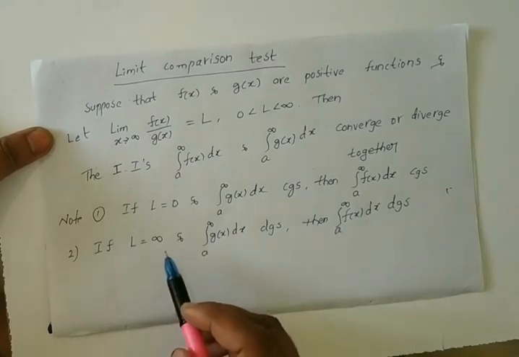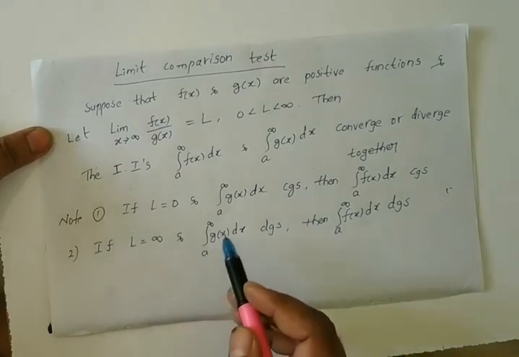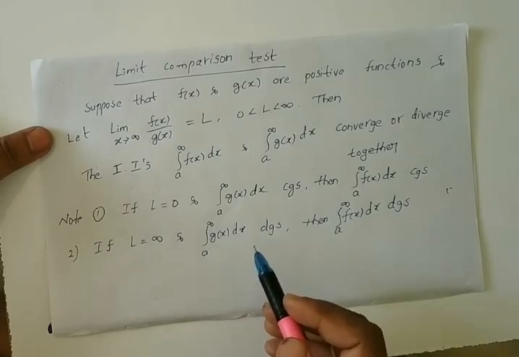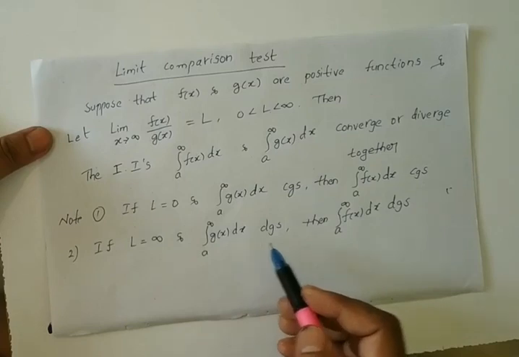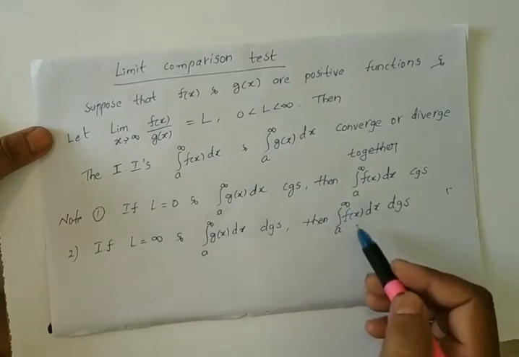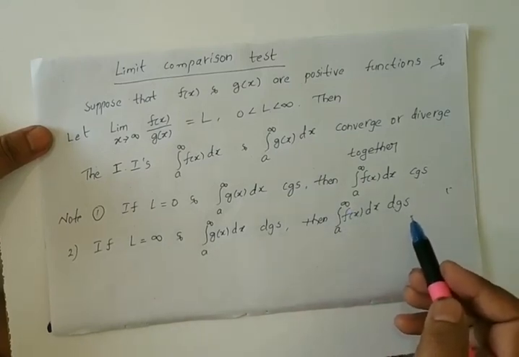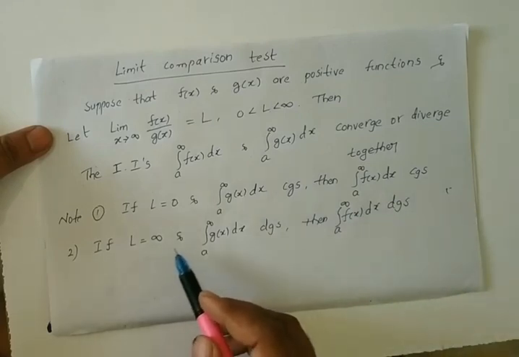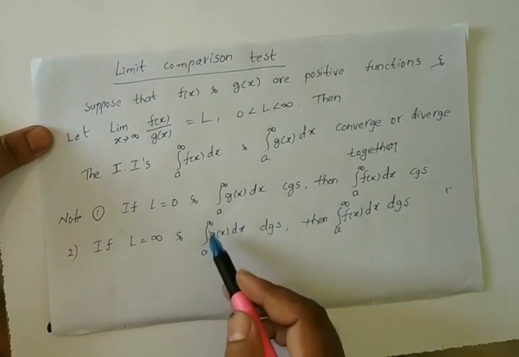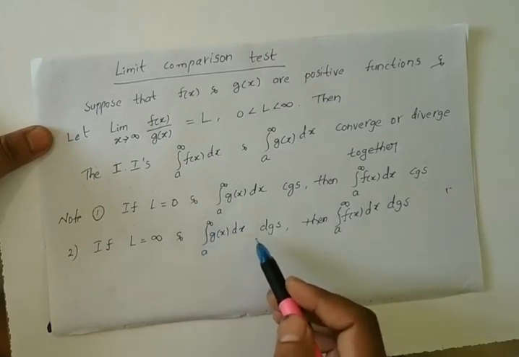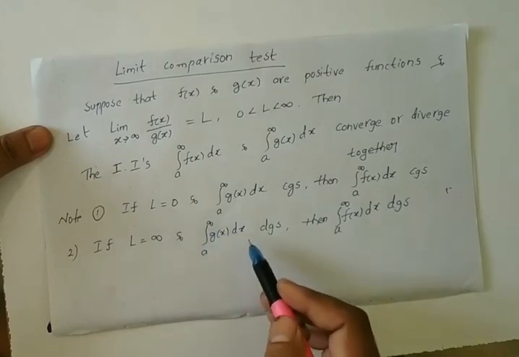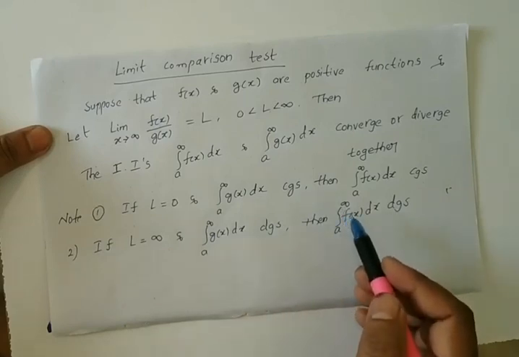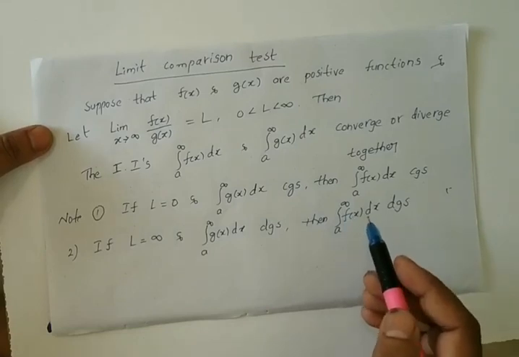Suppose L is equal to infinity and the integral of g of x dx is divergent, then in this case we can say that the integral of f of x dx is also divergent. Suppose L is equal to infinity and the integral of g of x dx is convergent, then in this case we cannot say anything about the integral of f of x dx.